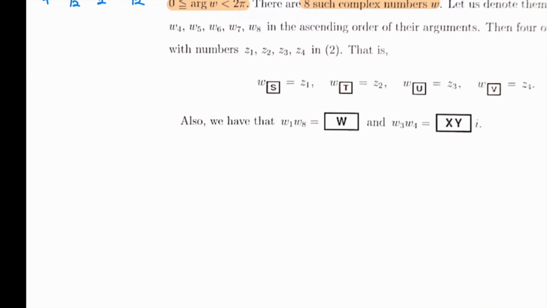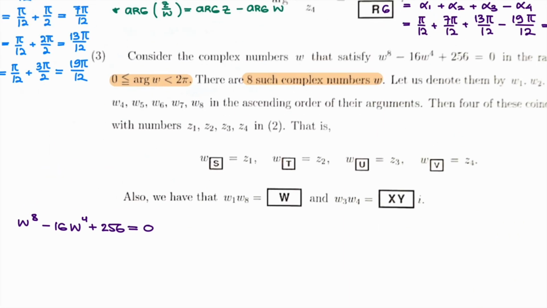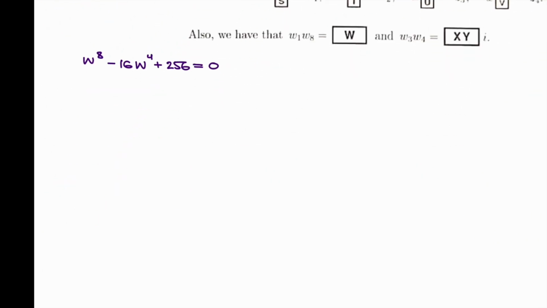So I have w to the power of 8 minus 16w to the power of 4 plus 256 is equal to 0. This is the equation. To solve this equation, I will let b equal w to the power of 4.